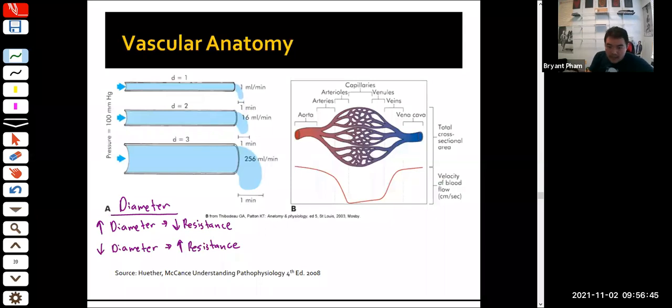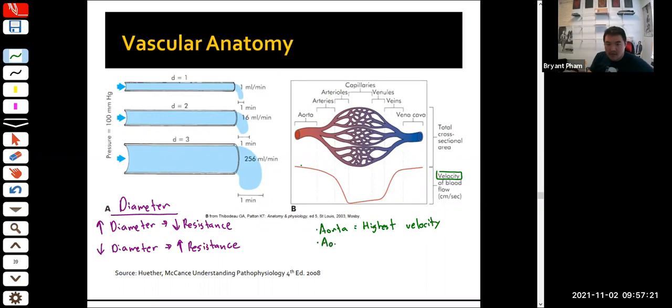Now, on the other side, this is a graph of velocity, a graph of how fast blood is moving. Reiterating, the aorta has the highest velocity, so that's when blood is moving the fastest. At your arterioles, if you take the derivative of that slope, you're going to see that's the greatest change.